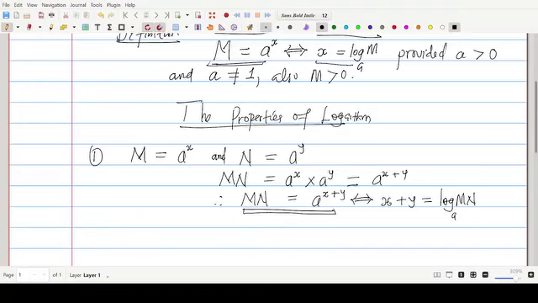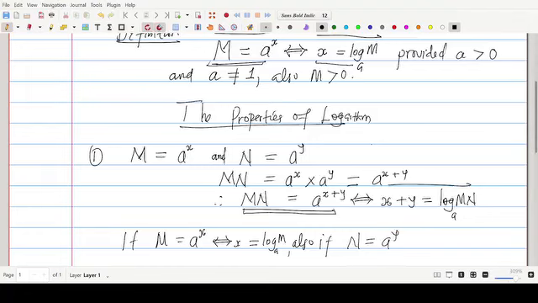Now, we can still write this in a very useful form by noting that if m is equal to a to the power x, then the equivalent form of this is x equals log to base a of m. Also, if n is equal to a to the power y, then the equivalent form of it is y equals log to base a of n. So we have this at hand. Hope you can see that.